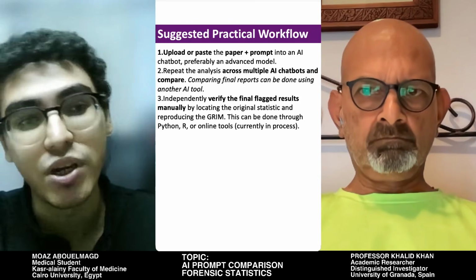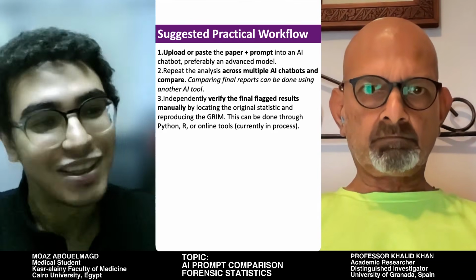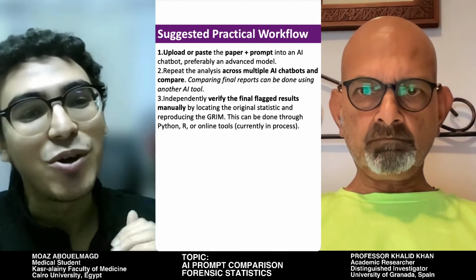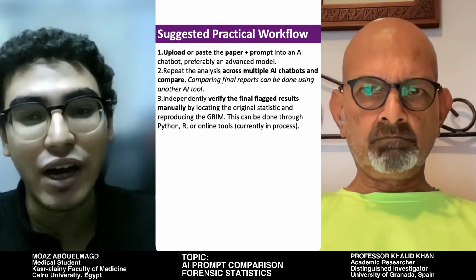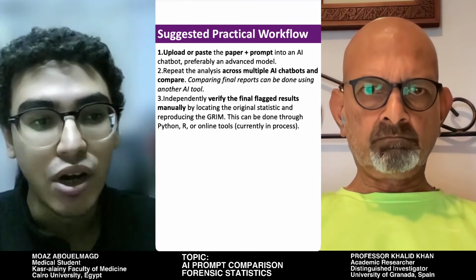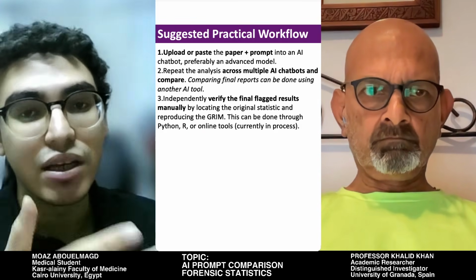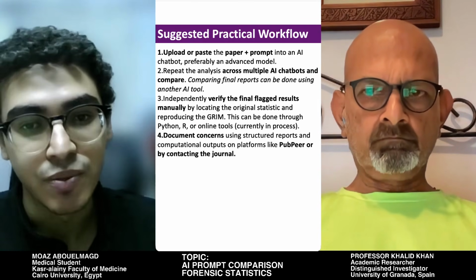You can even compare the final results of each AI chatbot using another AI tool, interestingly. And you can also, at the end, verify the final flagged results manually using available tools, either in R or Python, or some of the available online tools.